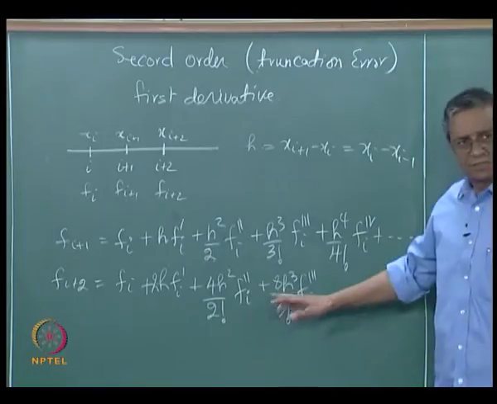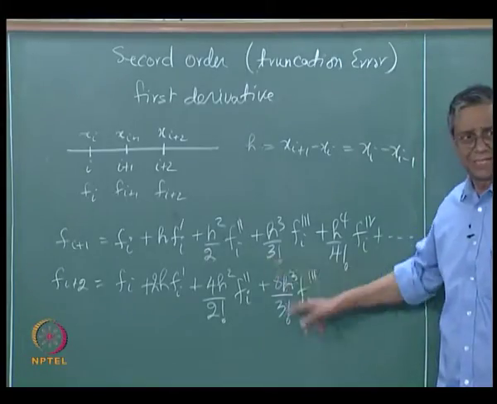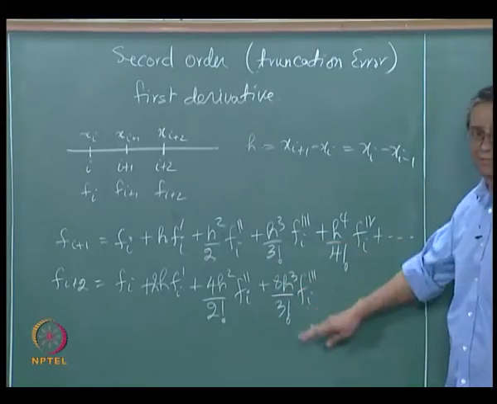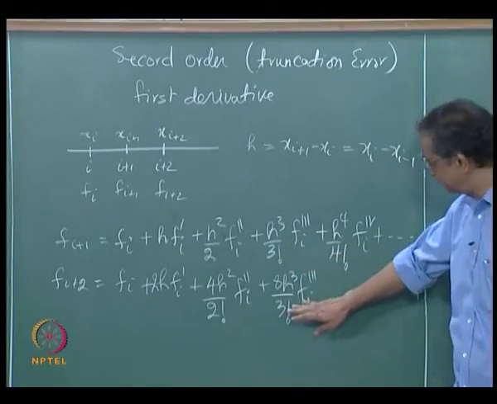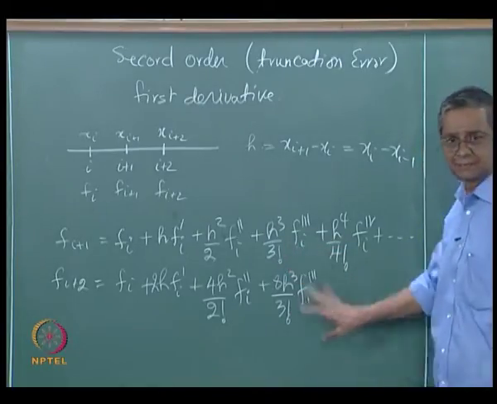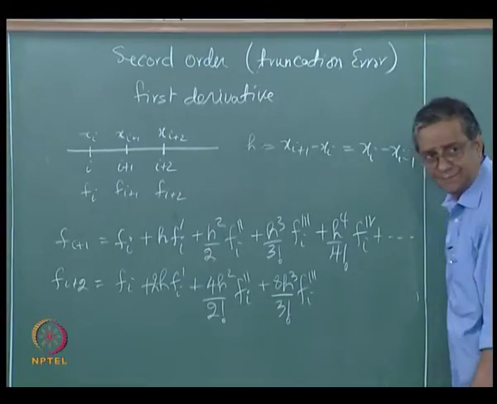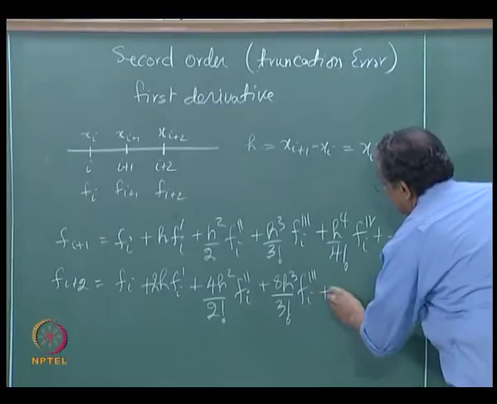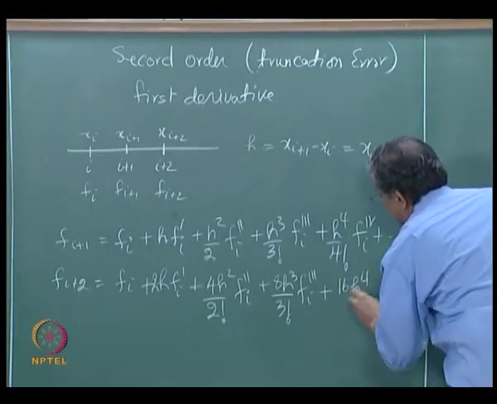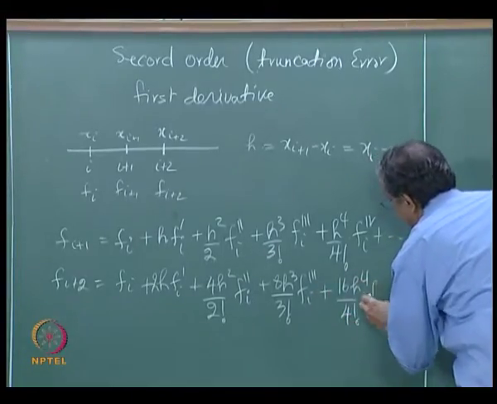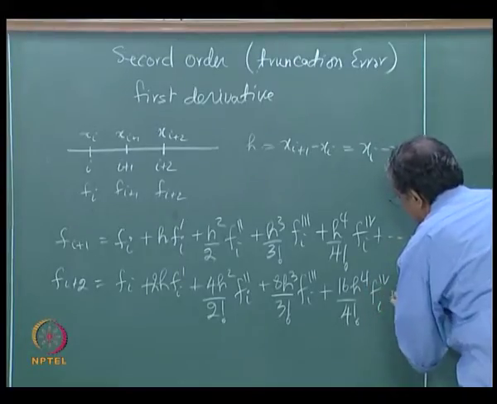The reason I do not succumb to the temptation to expand this out and cancel is because I know I am going to combine these two terms, so I leave whatever is common between them as it is. Do not cancel terms. Plus 16h to the 4th by 4 factorial, the 4th derivative, and so on.